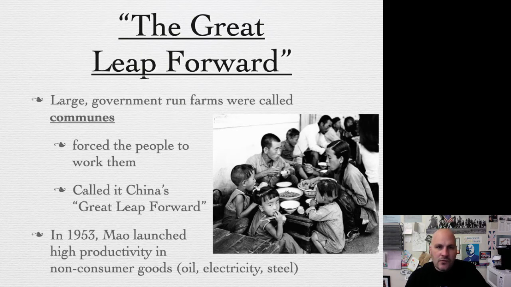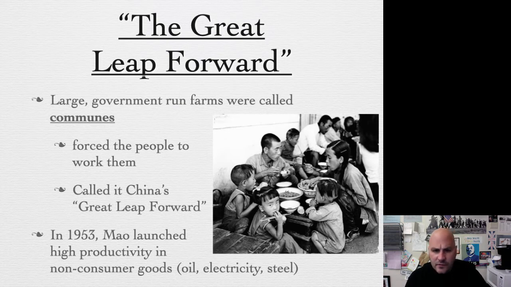And so they're going to try to produce these absolutely outrageous quotas of food, which there's no way they can meet. There's no way, provided the land that they're given, that they could provide that much food. So they're just trying to please the chairman rather than reach a reasonable or attainable goal.